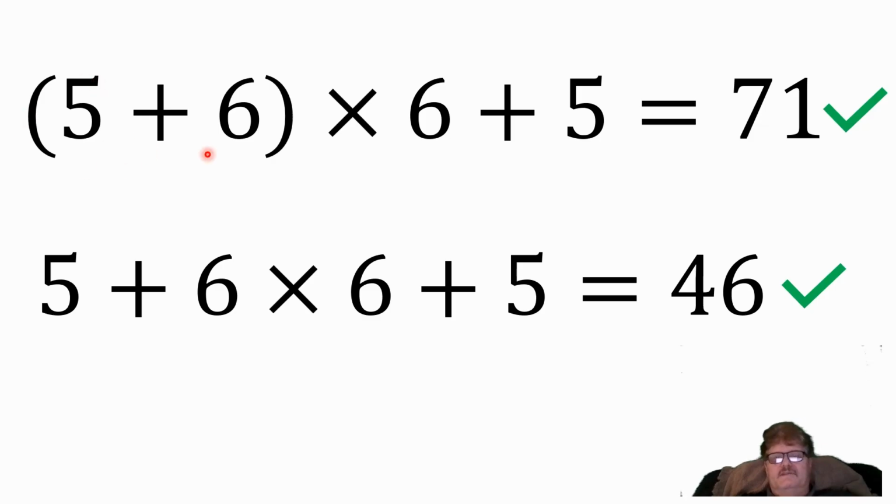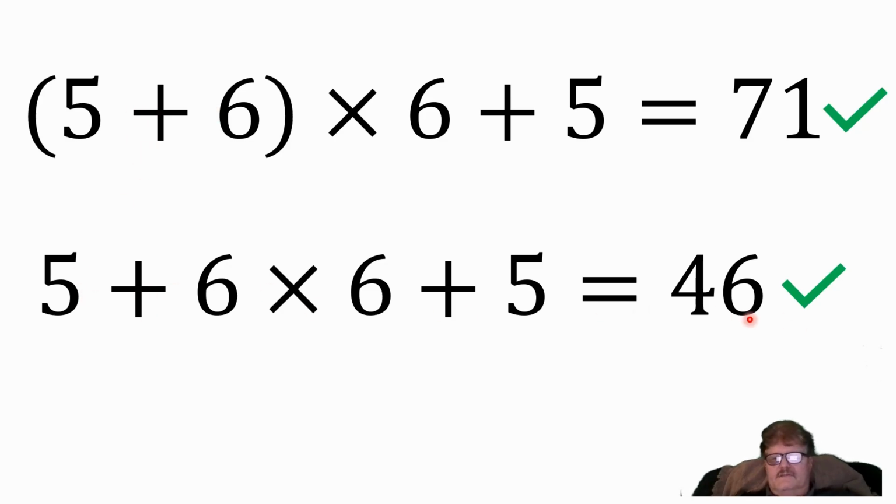You put parentheses around it. So you would have to put parentheses around this 5 plus 6. Then 5 plus 6 becomes 11. 11 times 6 is 66. 66 plus 5 would give you 71. You can take your cell phone calculator and play with this yourselves if you'd like, but you're going to find out that the only way you get 71 is to have these parentheses around the addition.